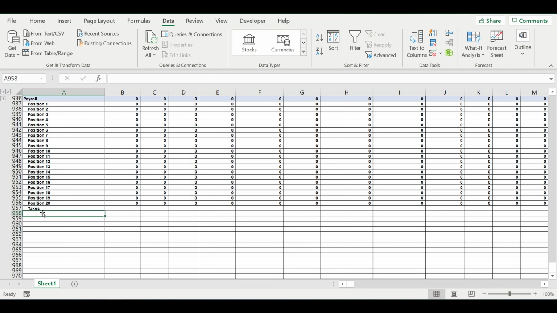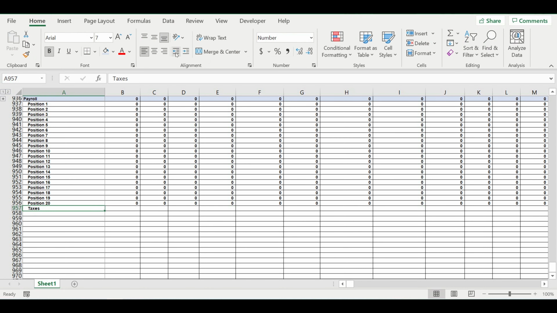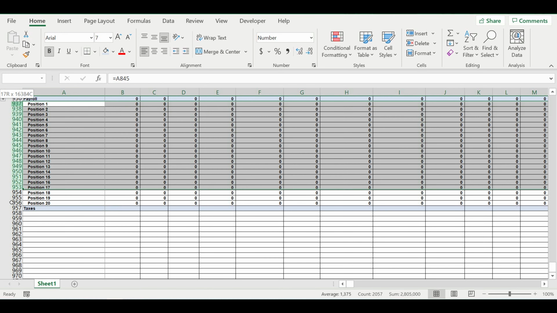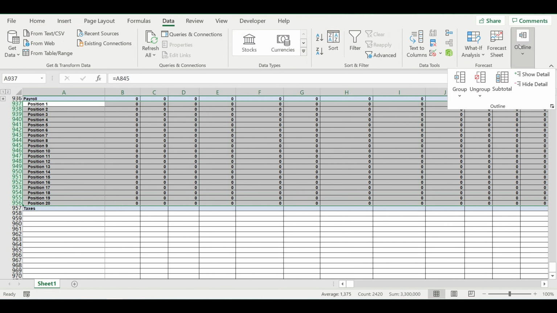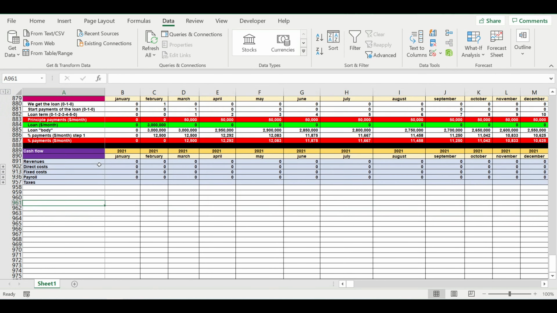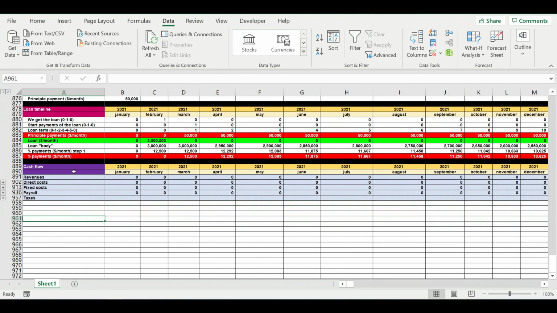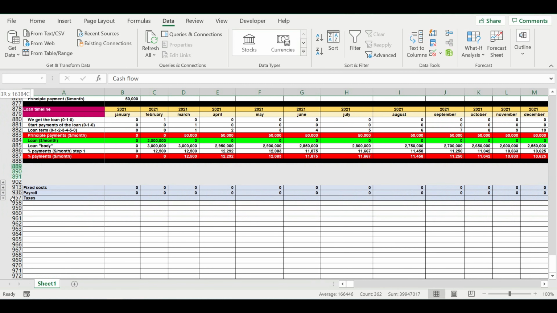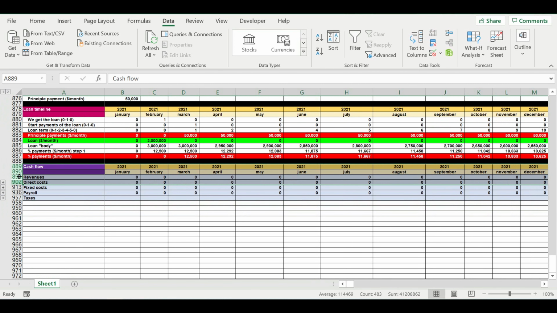Then we will add a block with taxes. Here we will add some lines for taxes.